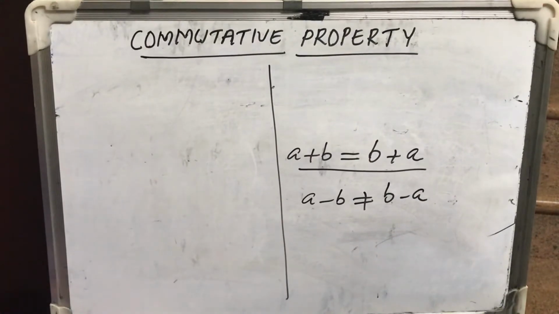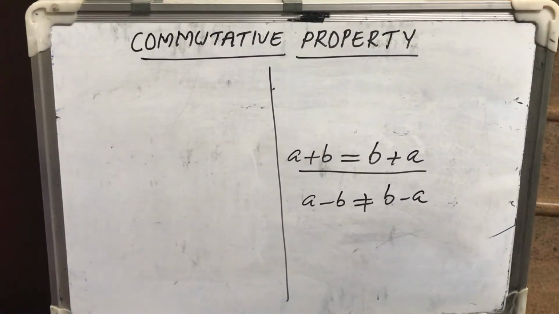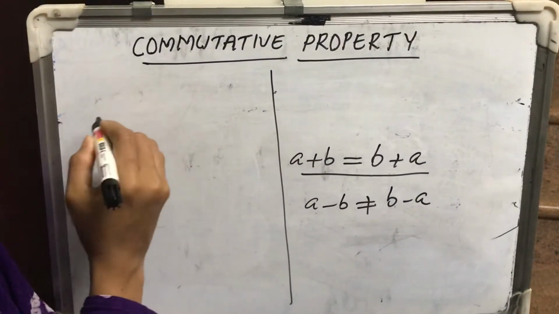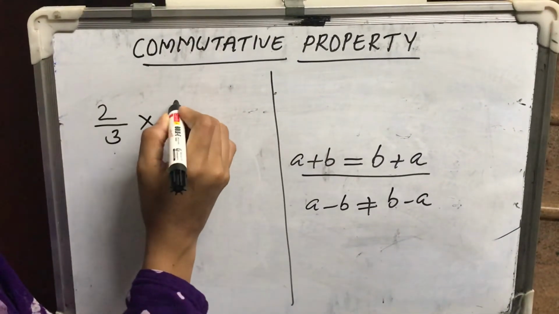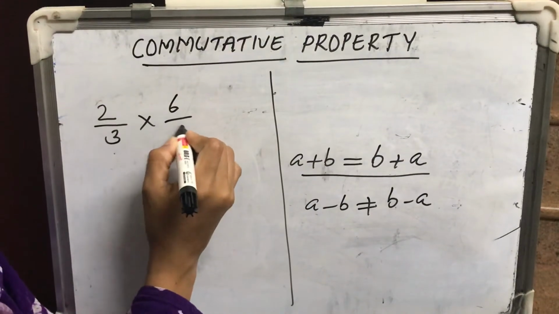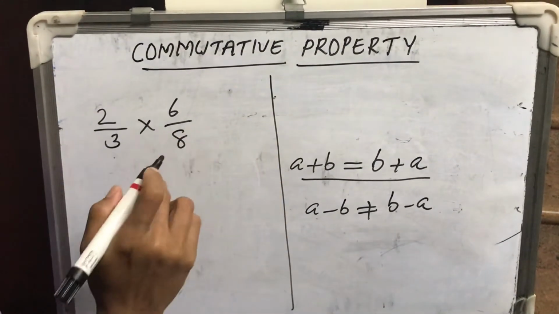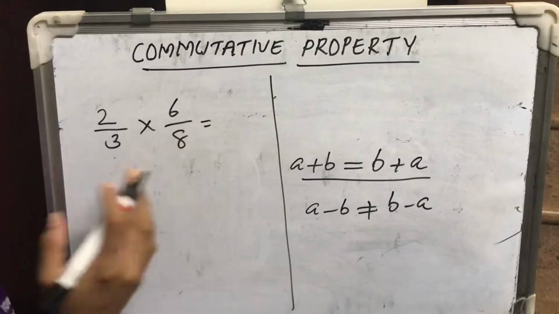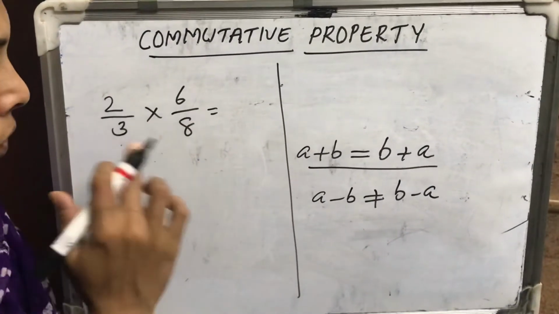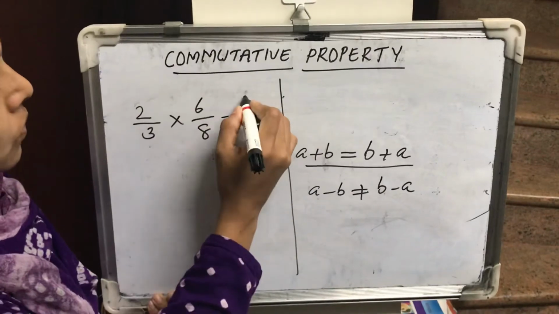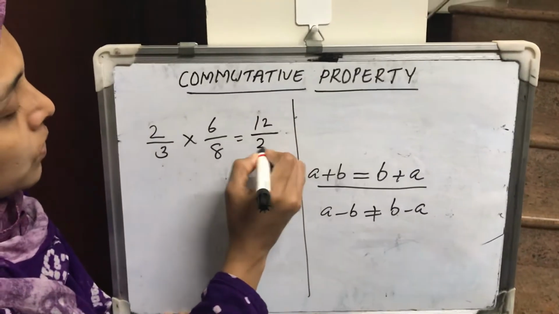So that commutative property we can also check in the case of 2 by 3 multiplied with another, 6 by 8. What will be its product? The same product we will get when we multiply 6 by 8 with 2 by 3 also. That you know, it's very easy: 12 by 24.